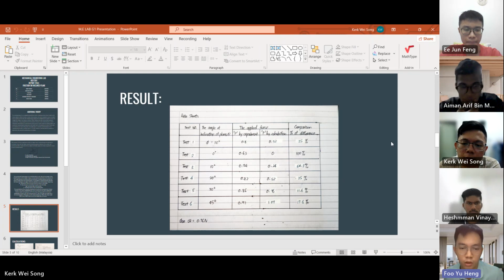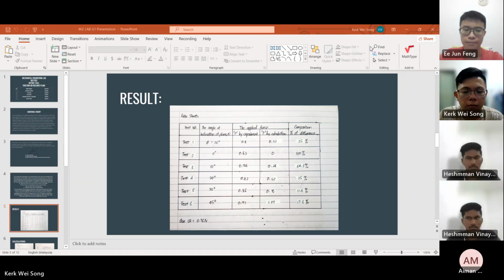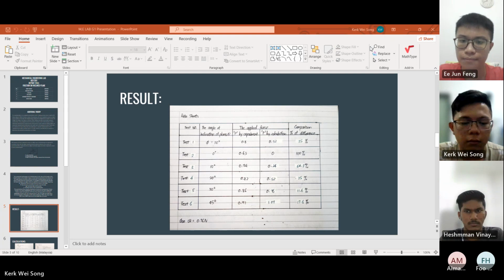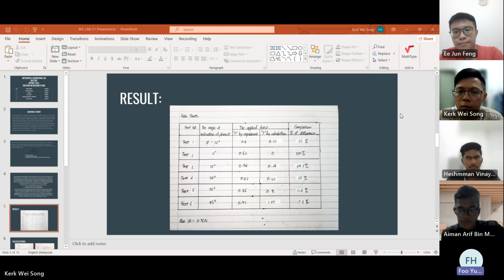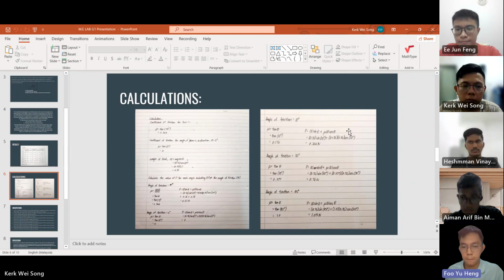We are recording the value of the angle of inclination of the plane and the applied force. Next slide. Next slide, please.